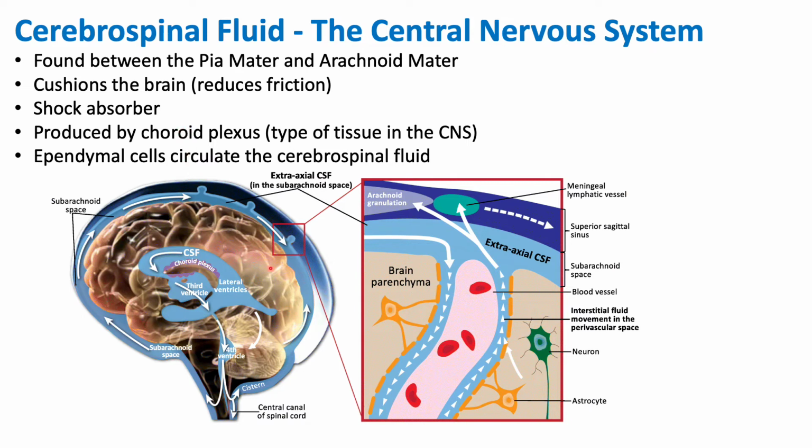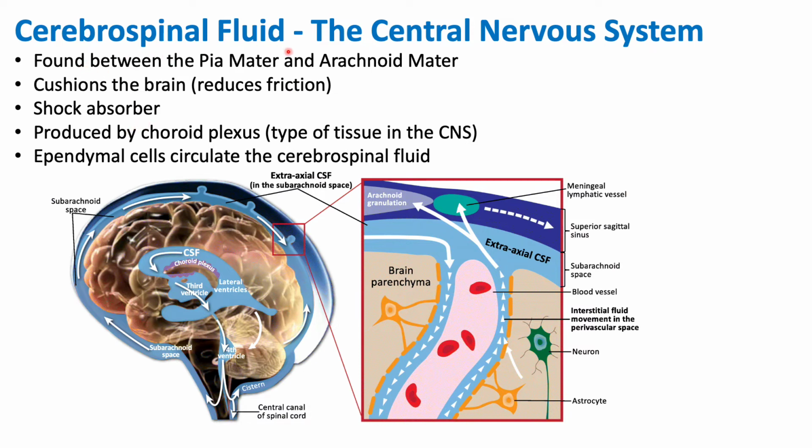Similar to how our heart is surrounded by fluid to reduce friction and provide cushioning, our brain works in a similar way, because the brain and the heart are two very delicate structures that we have to protect. So they're both protected by some sort of a fluid. The brain is protected by the cerebrospinal fluid. The cerebrospinal fluid, as I mentioned, cushions the brain, reduces friction, and acts as a shock absorber.